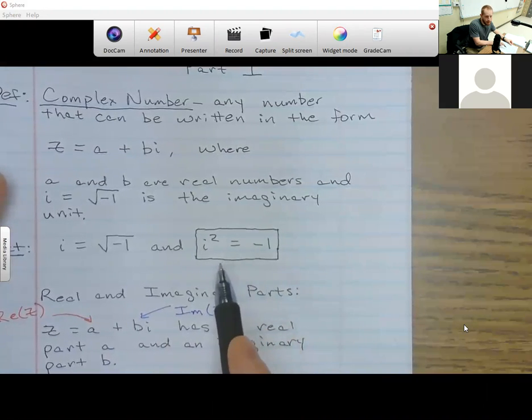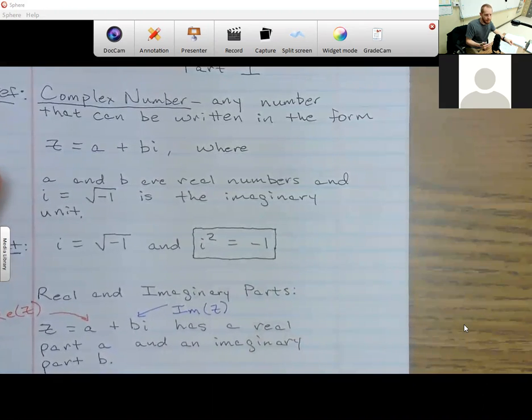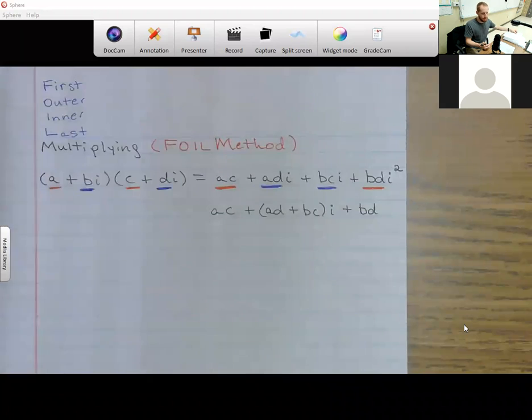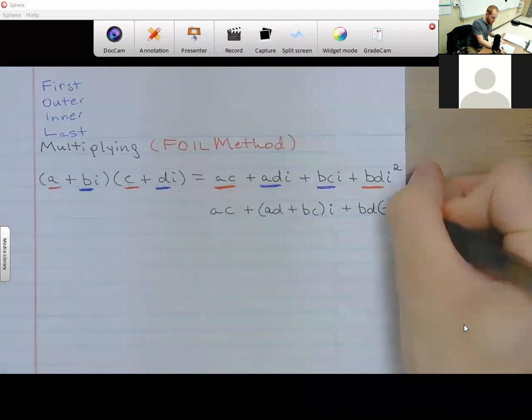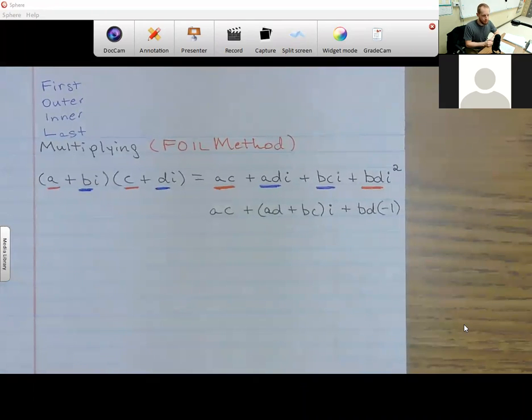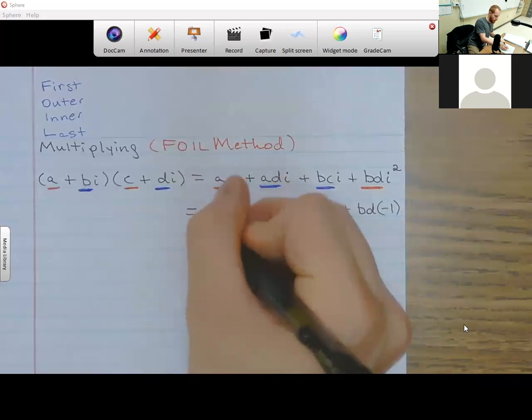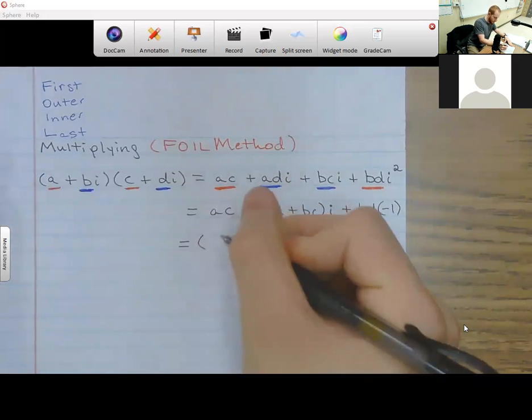So everywhere I see an I squared, I can replace it with a what? A -1. That's right. So the I squared is going to get replaced by a -1, just like that. Okay? And then there's really only one more step to do. I'm going to do two more equal signs, and I'm going to put the real parts together, right?